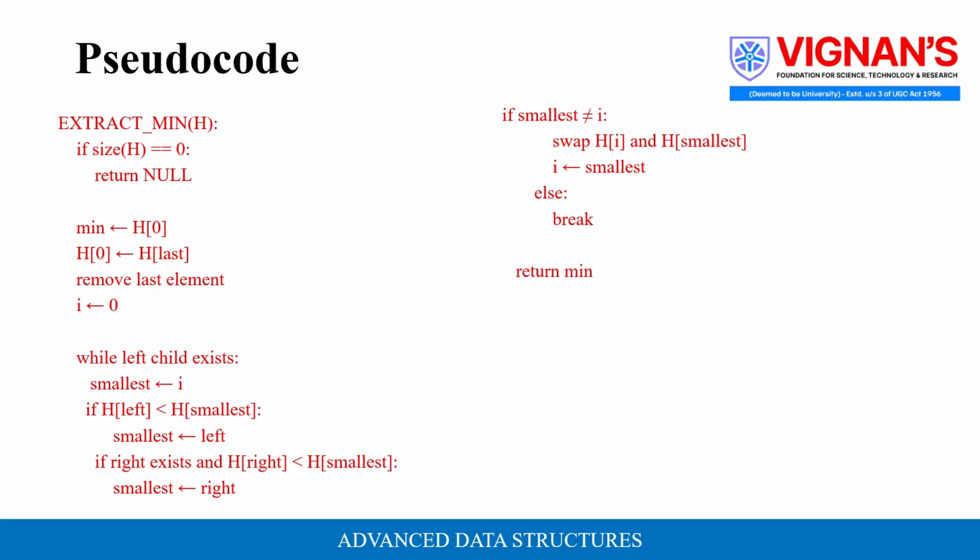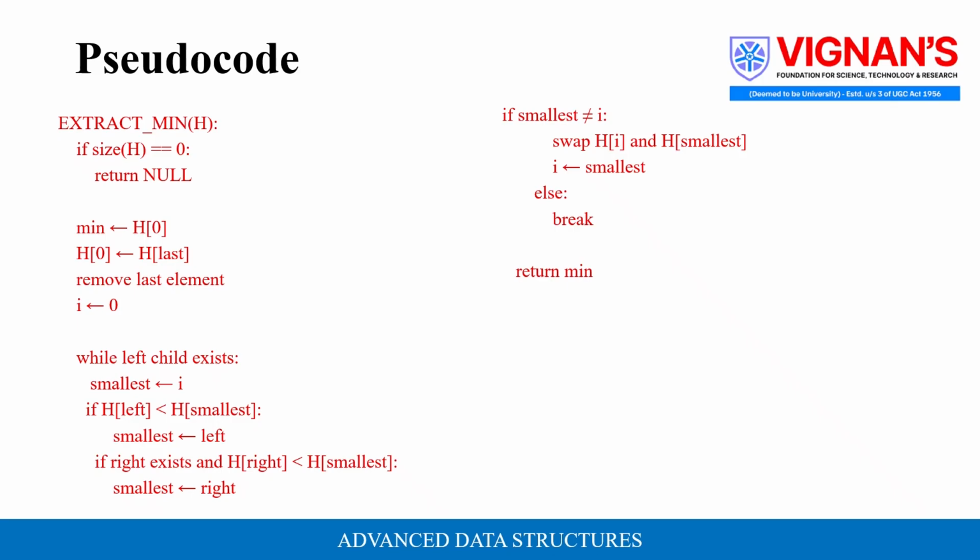Now, set I equal to 0, which represents the index of the root element. Then, while the left child exists, do the following steps. Set smallest equal to I. If the left child value is smaller than the current smallest, update smallest to the left child index. If the right child exists and its value is smaller than the current smallest, update smallest to the right child index.